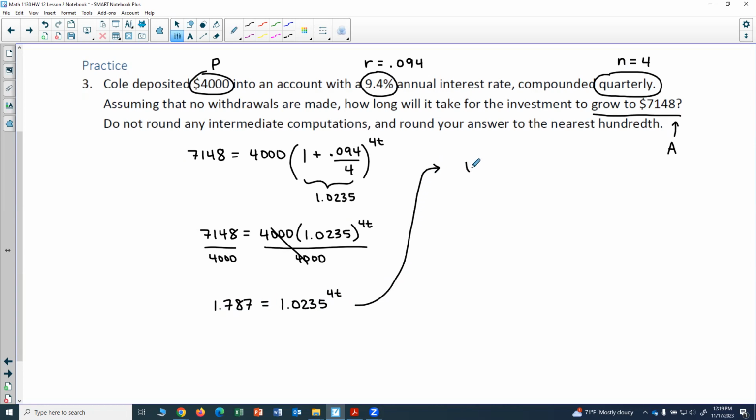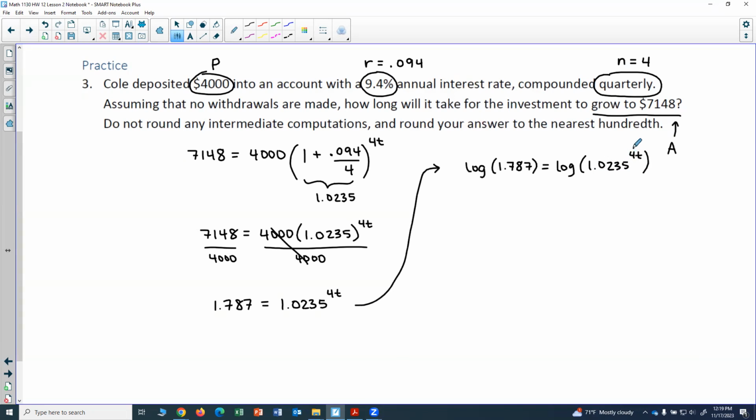It doesn't matter if you use log or ln. I'll go ahead and use log. So I'll have log of 1.787 equals log of 1.0235 to the 4t power.